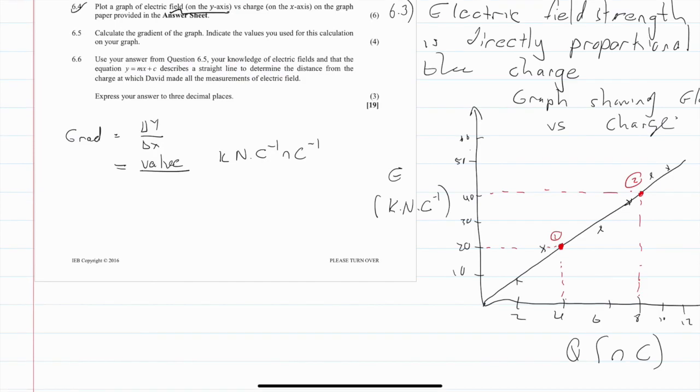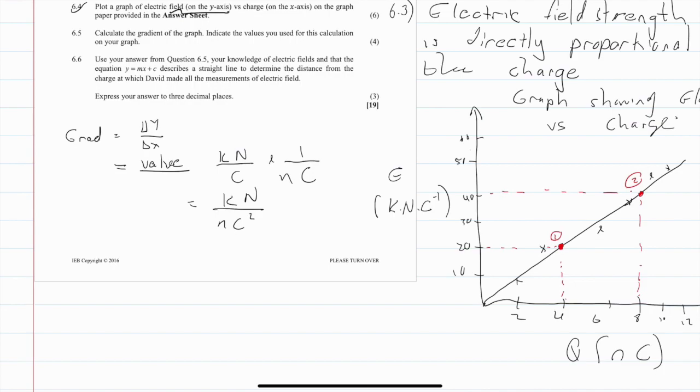I might do it like this: it is kilonewtons per coulomb times 1 over nanocoulomb. So it's going to be kilonewtons per nanocoulomb squared.